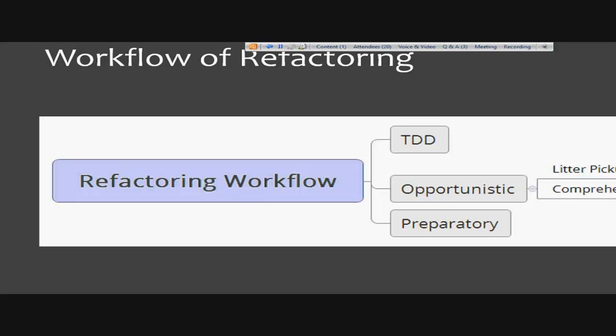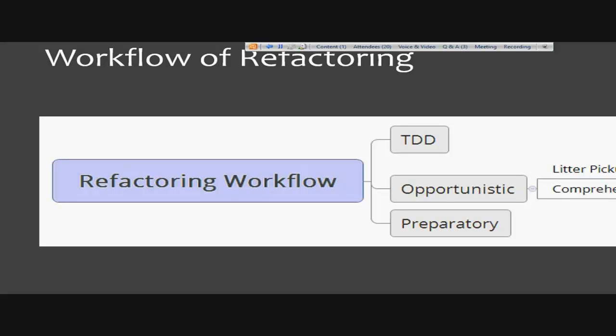Another one is preparatory refactoring. It is mostly practiced when we are adding new features or enhancing a feature which already exists. In preparatory refactoring, we try to cram in the new feature or enhancement. Say there is a taxing system, and we already have a feature for taxing invoices for the US, UK, and Canada.